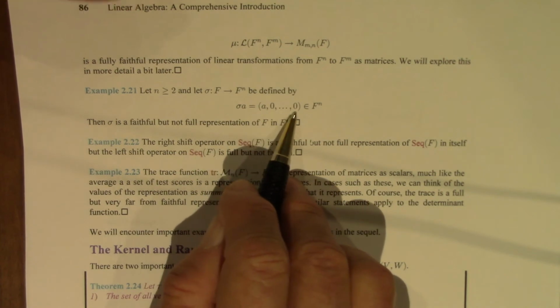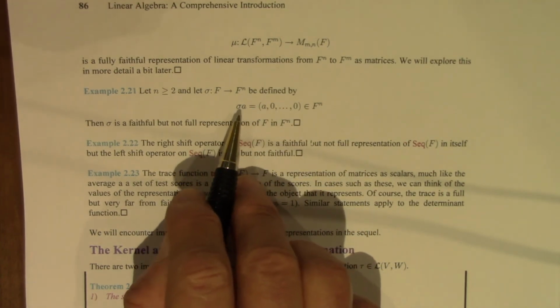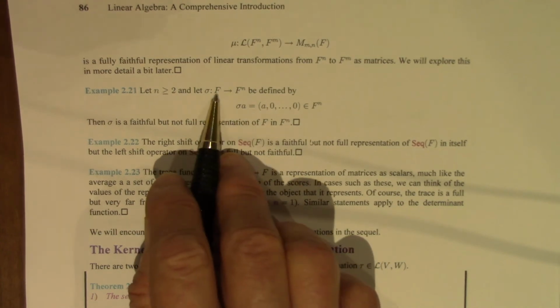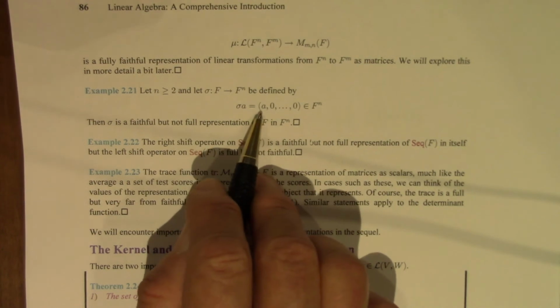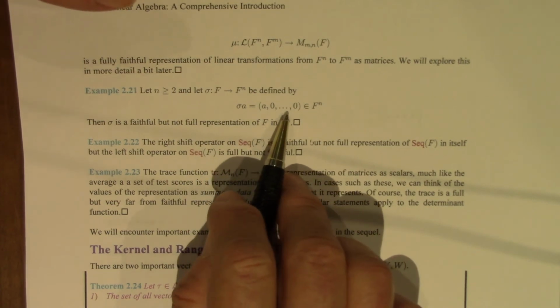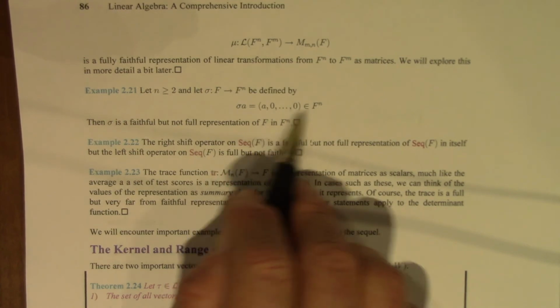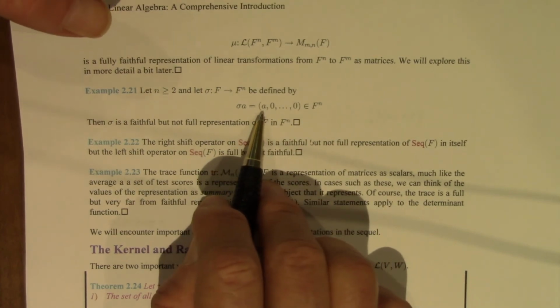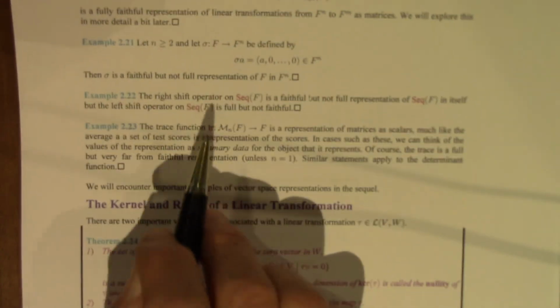If you have an n-tuple, you know precisely which element of F is being represented by it. It's simply the first coordinate, the first component, rather. But this is clearly not full, because there are plenty of n-tuples that don't have all zeros except in the first coordinate. So faithful but not full.